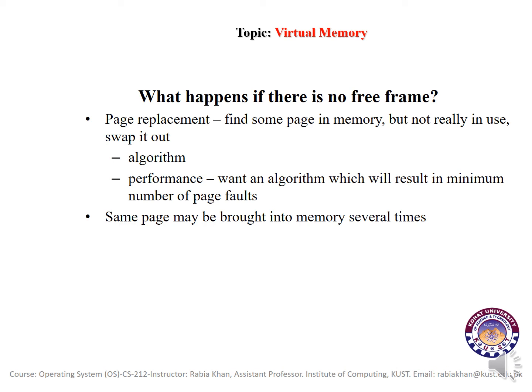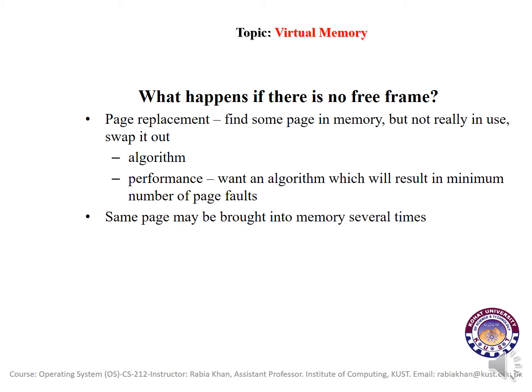In the previous slide, we have seen page fault, and we had observed an ideal situation. That means there were free frames available in RAM or physical memory. But now what happens if there is no free frame in physical memory?